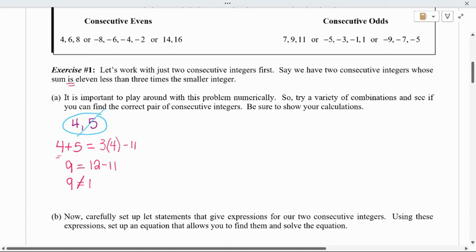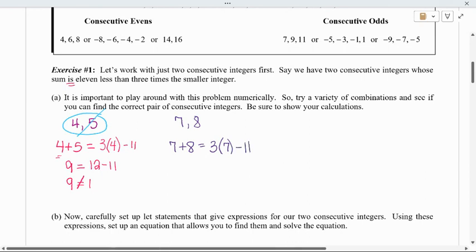What are 2 more numbers you want to try? 7 and 8? I think that's a good try. Let's try 7 and 8. So the sum, 7 plus 8, equals 3 times the smaller number, minus 11.